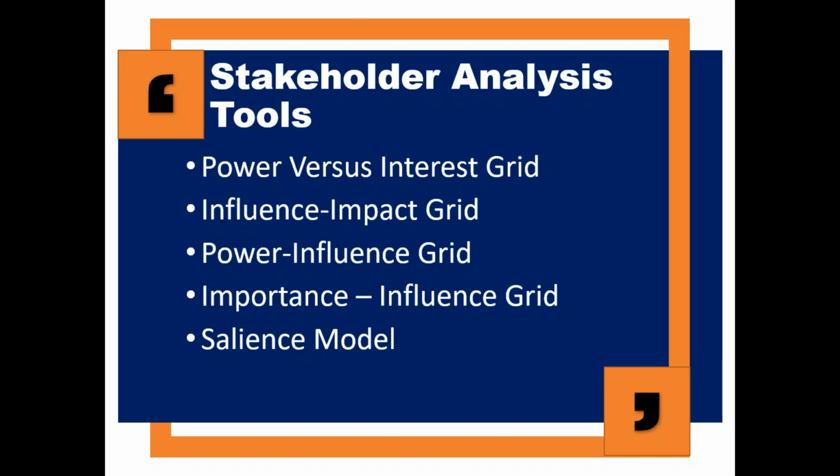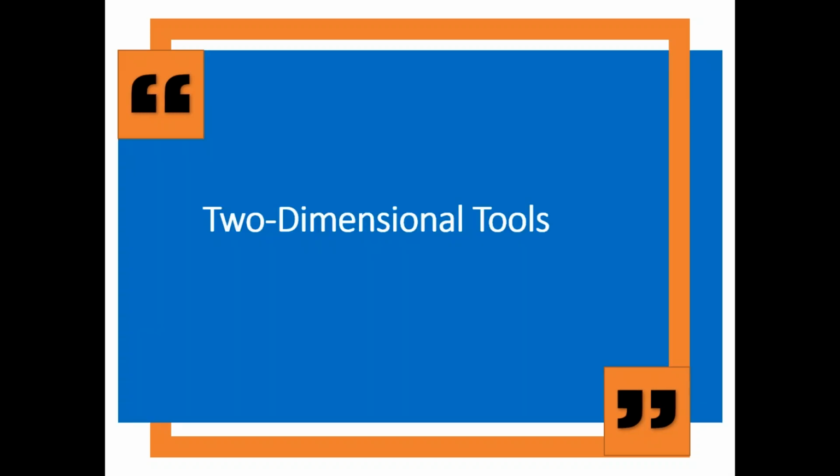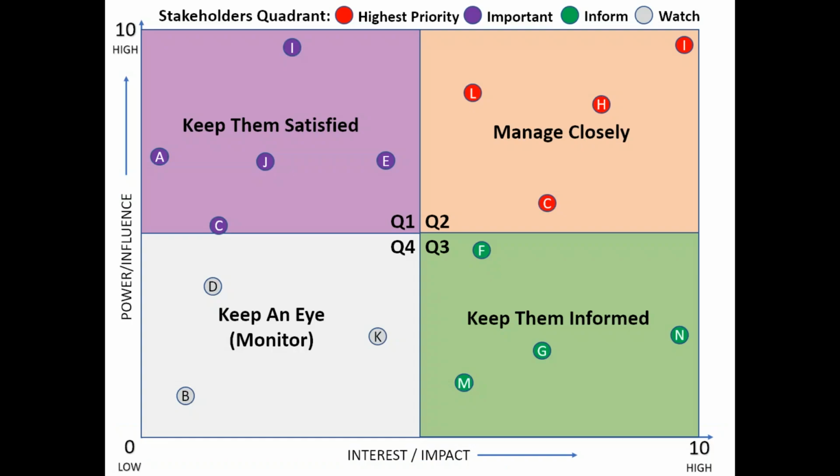We can have an influence versus impact grid. We could have power versus influence, and importance versus influence. In these four grids, we are having only two variables: power interest, influence impact, power influence, importance influence. So whatever variables are most important to you, take two variables, create a grid. These are two-dimensional models.